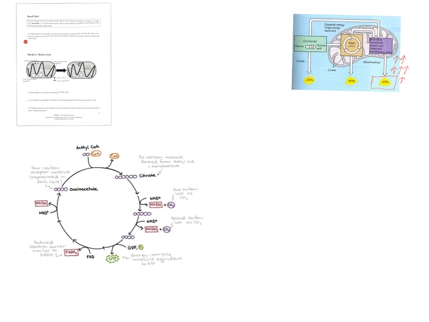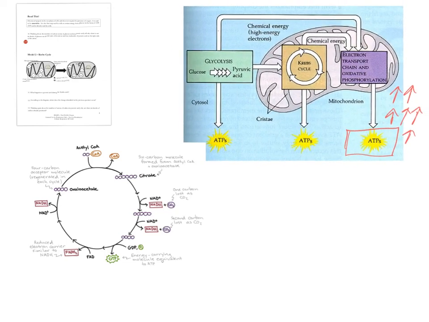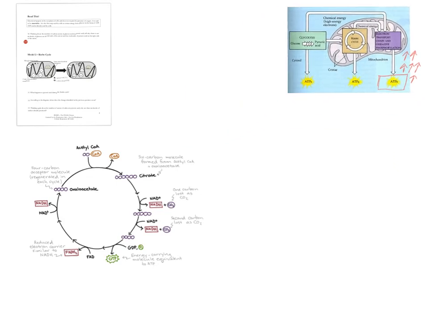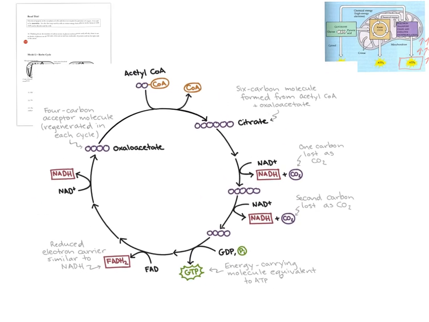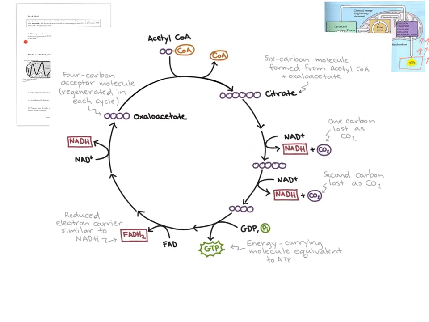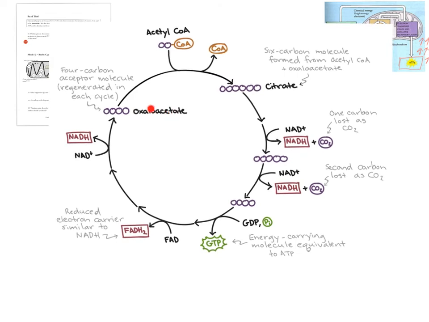Looking at the Krebs cycle, which is happening here, also known as the TCA cycle, the tricarboxylic acid cycle, let's take a look at what it looks like. Oxaloacetate is the last step, right?